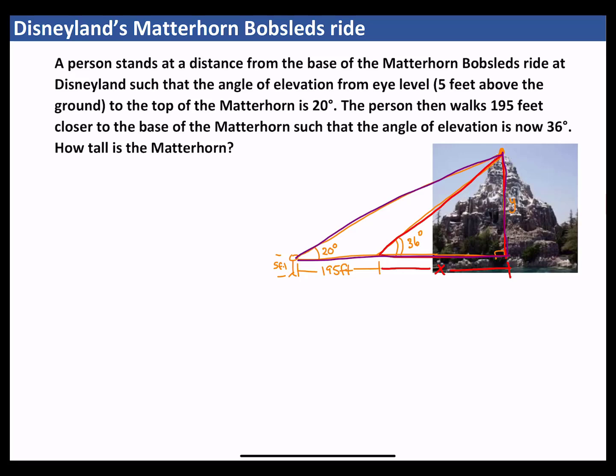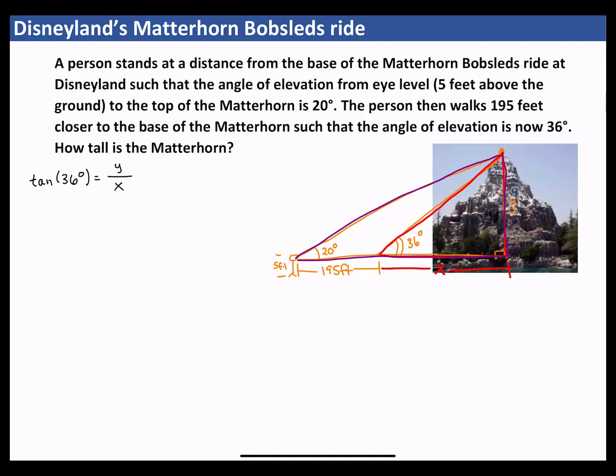And ultimately we're going to use tangent because we have the side opposite the angles that we know, and we know some things about the adjacent side. So we're going to set up two equations here. First, if we look at the smaller triangle, we know that the tangent of 36 degrees is going to equal y divided by x.